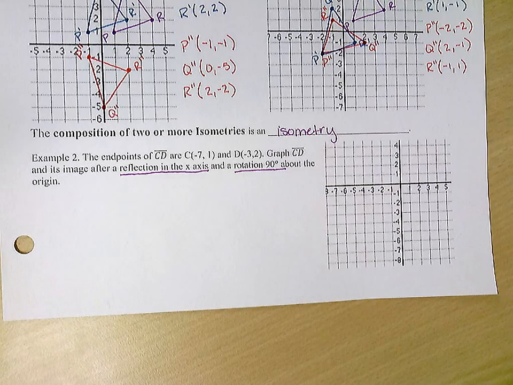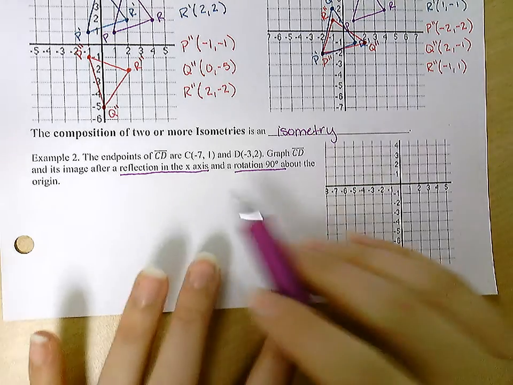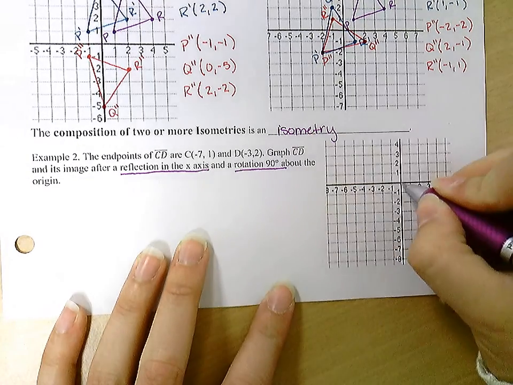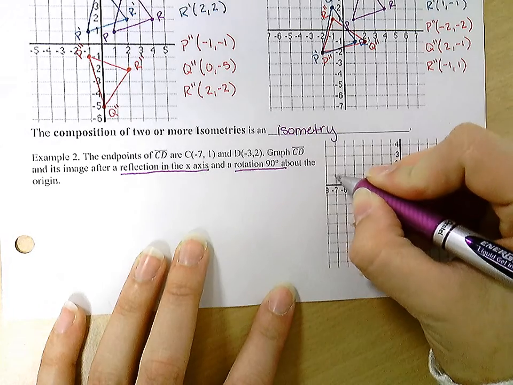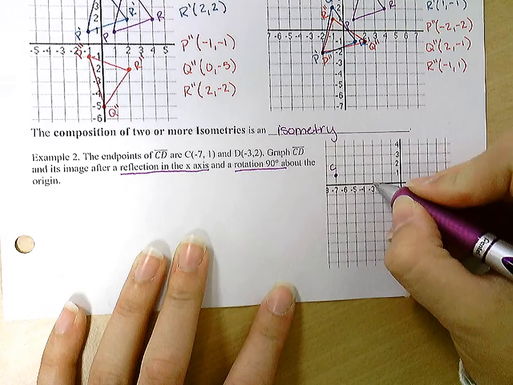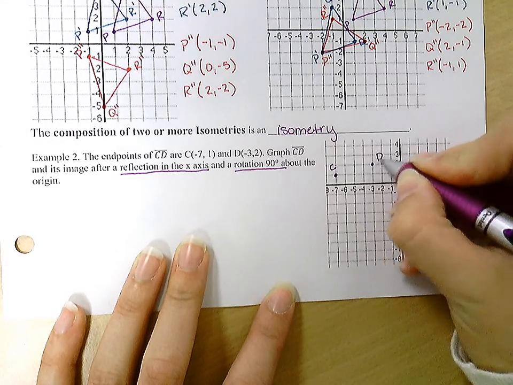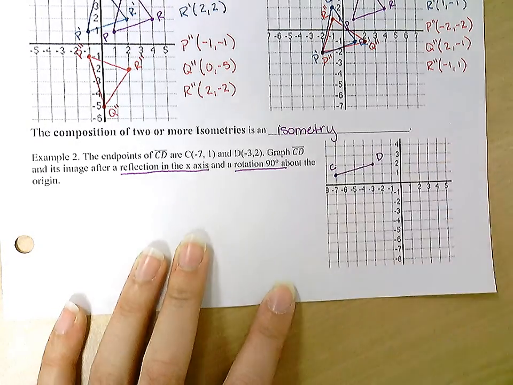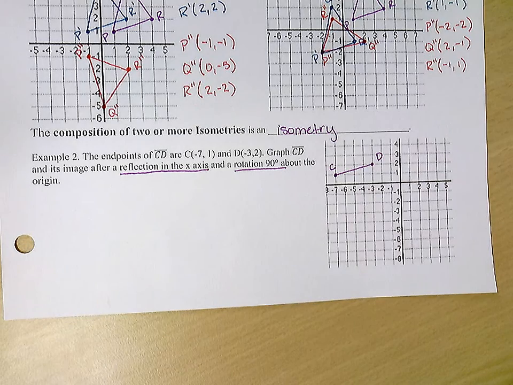First thing I want to do is graph my pre-image CD. Point C is at -7, +1. And D is at -3, +2. Okay, so here's my segment.